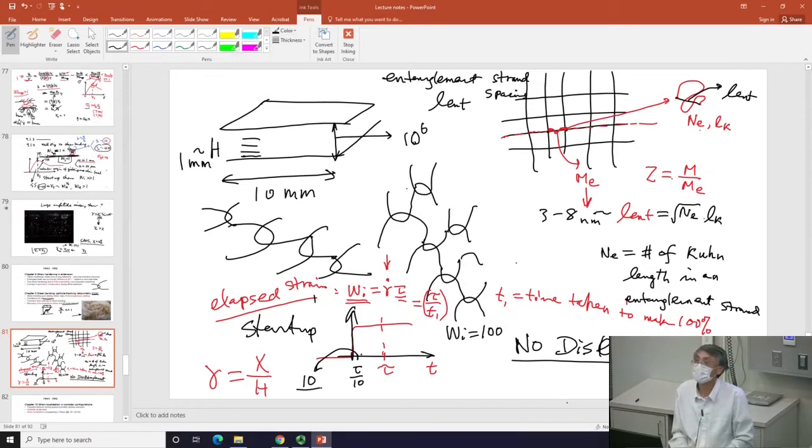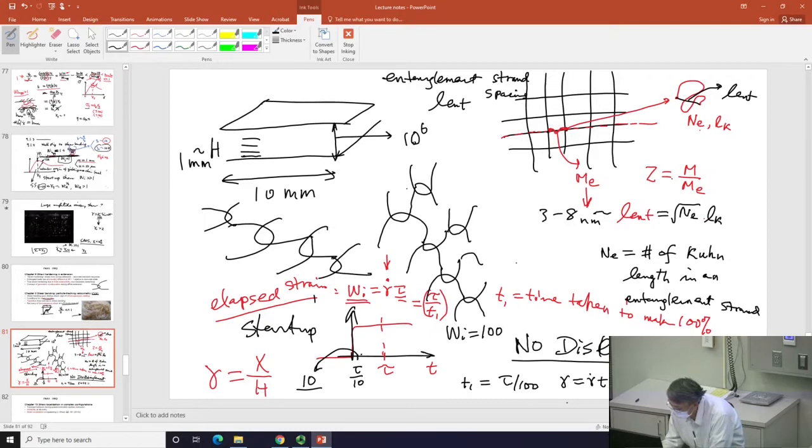Because Wi equals 100 means T1 is 1/100th of tau. So I need you to be very, very familiar with strain. Strain just depends on time.